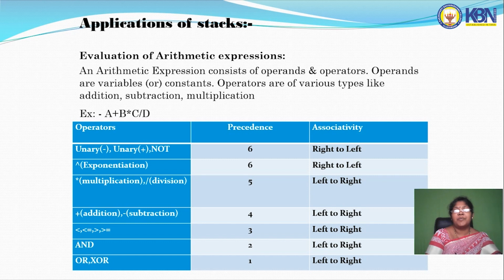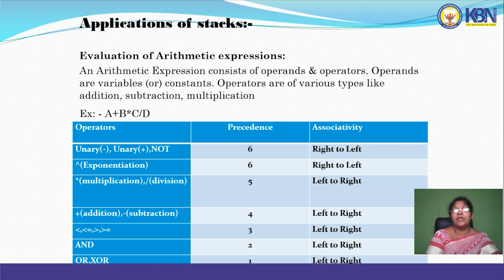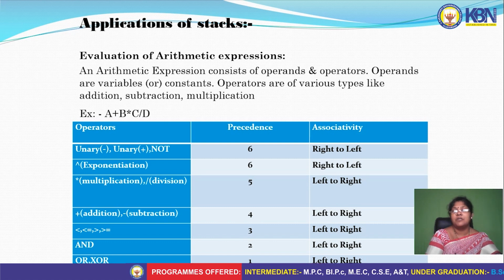Here we have the precedence of operators. Unary plus and not have the highest precedence, and we go right to left. Exponential is in the sixth preference, right to left. Multiplication and division are in the fifth preference, left to right, and addition and subtraction are in the fourth preference, left to right.